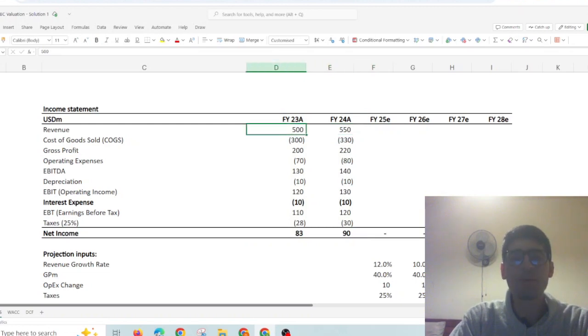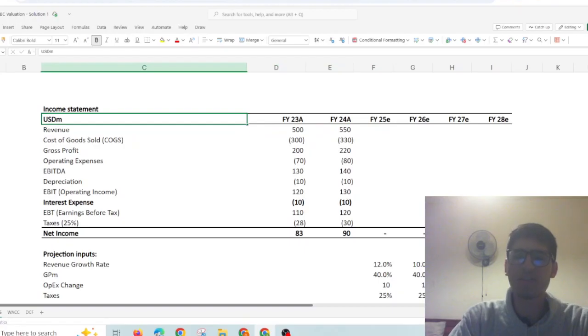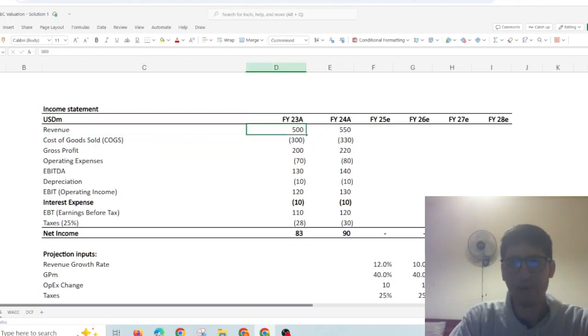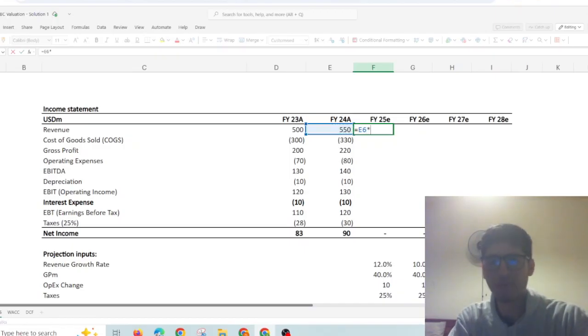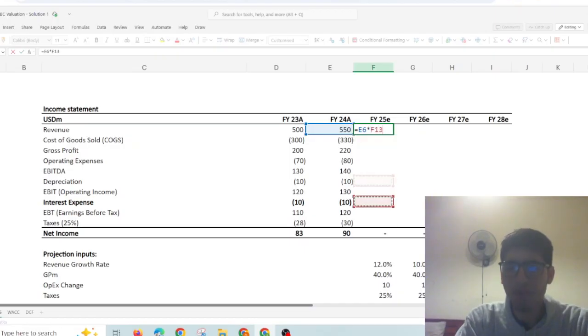As I told you, we have been given the revenue of 2023 and 2024, which is 500 and 550 respectively, in USD million. So it's $500 million, and $550 million for 2024. So let us start with forecasting 2025. How do we do it? Simply, it's the previous year, which is 2024, multiplied by 1 plus the revenue growth rate.